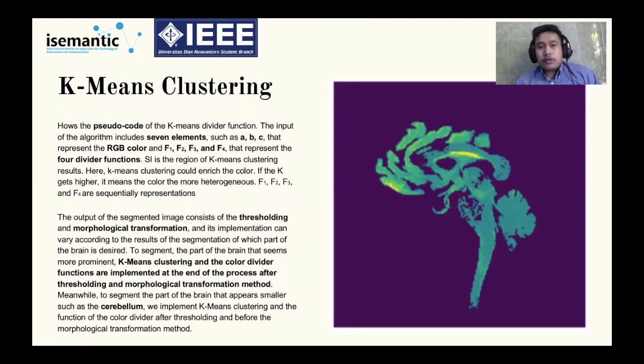In Visual Studio Code, the k-means divider function we created has seven elements. A, B, and C represent the RGB colors: red, green, and blue. F1, F2, F3, and F4 represent the four divider functions. From the colors A, B, and C, we can get the values of F1, F2, F3, and F4.